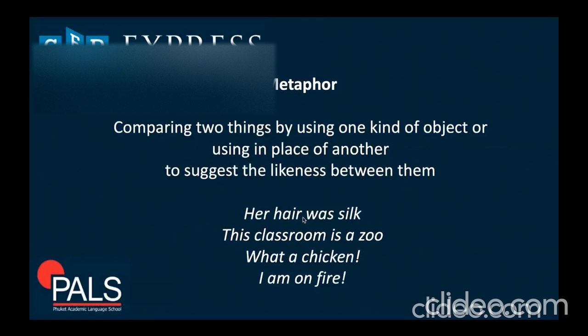Moving on. Metaphor. A metaphor is when you compare two things by using one kind of object in place of another to suggest the likeness between them. For example, "her hair was silk." "This classroom is a zoo." "What a chicken." Or "I'm on fire."